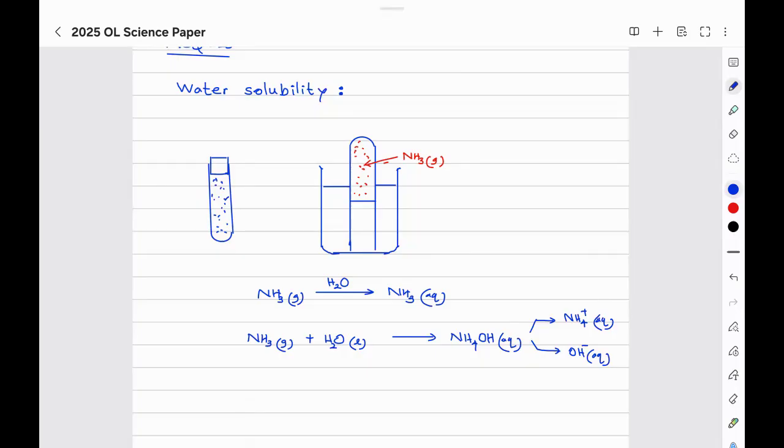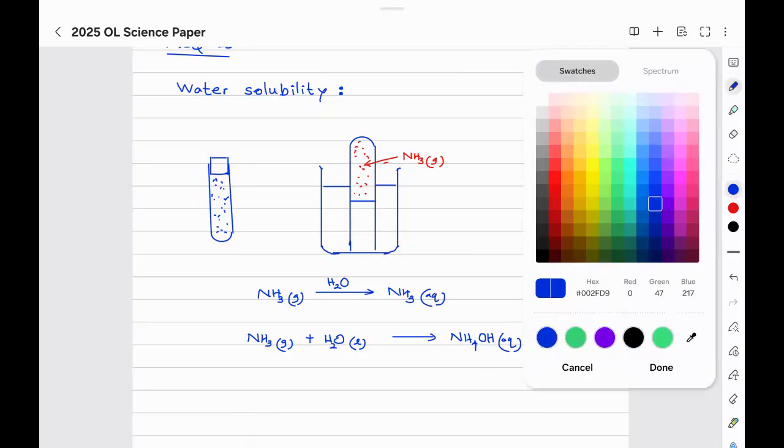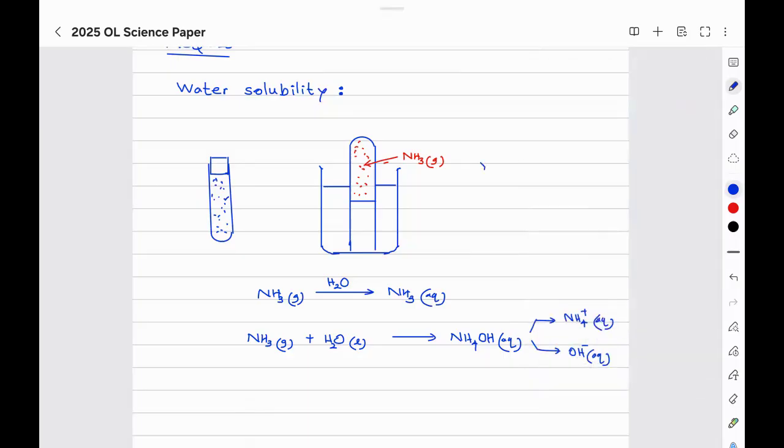But they have given that the water level is rapidly increasing. Water level is rapidly increasing inside the gas jar. According to my diagram, it's a test tube. The reason is when the ammonia gas is dissolving in water, the pressure created by these gas molecules, we know that students, gases can create a pressure, right?